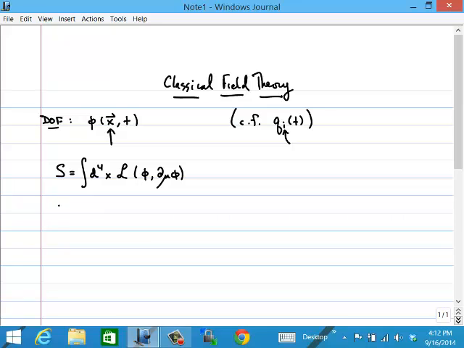And then the Euler-Lagrange equations are determined by demanding that the infinitesimal variation of the action, as one varies the field configuration, that is to say, as one varies phi of x, is equal to 0. So this is the variation of the action with respect to phi. So that's the derivative of the Lagrangian with respect to phi minus the derivative of the derivative of the Lagrangian with respect to the derivative of phi.